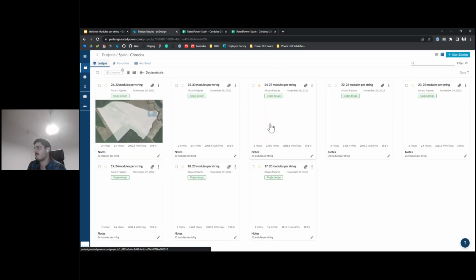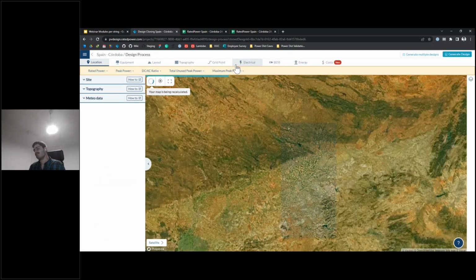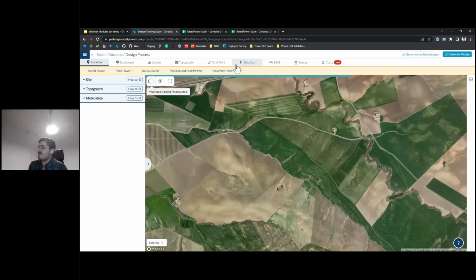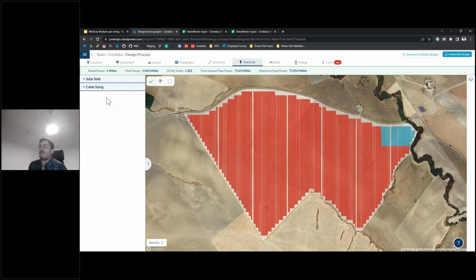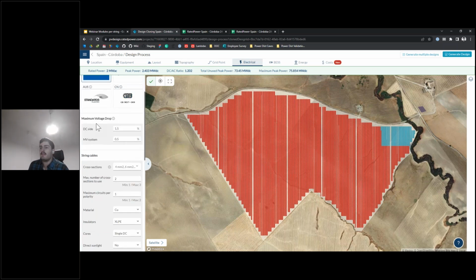When sizing the cables of the PV plant, pvDesign will consider the values that the user is defining here in the cable sizing tab. So first of all, we have different standards that can be considered for the cable sizing. Then what's the maximum voltage drop that we want for the DC side and for the medium voltage system? So this will be directly affecting what you have asked here.